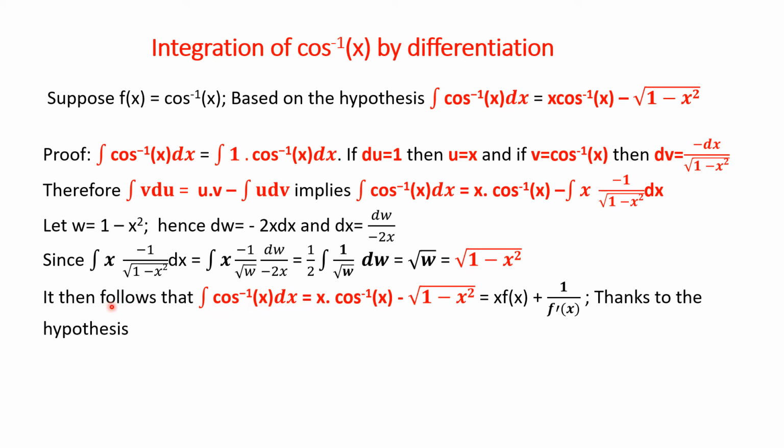So it then follows that the integration of cosine inverse of x dx equals x cosine inverse of x minus square root of 1 minus x squared, which is equal to our hypothesis, because x and our f of x is cosine inverse of x, and square root of 1 minus x squared is nothing but 1 divided by the derivative of cosine inverse of x, thanks to the hypothesis.